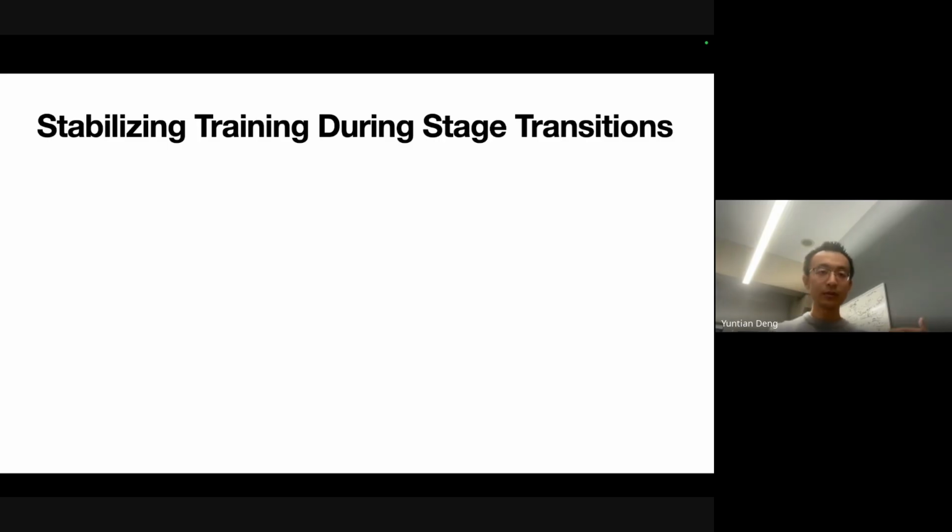If we do not use these techniques, then we found that after a stage transition, so recall what a stage transition is: we go to the next stage, remove one more Chern-Simons token, and then fine-tune the model. The problem we noticed is that after each stage transition, we immediately see a loss explosion.